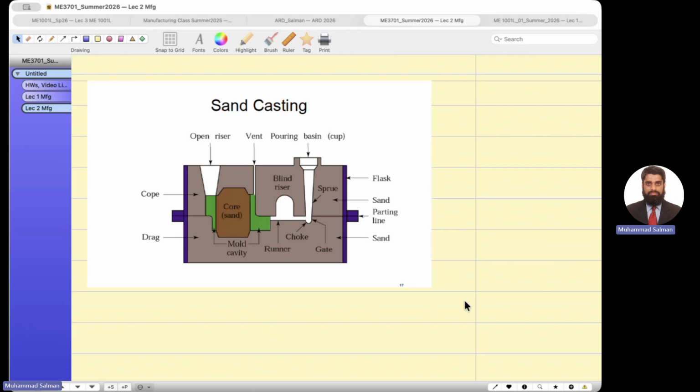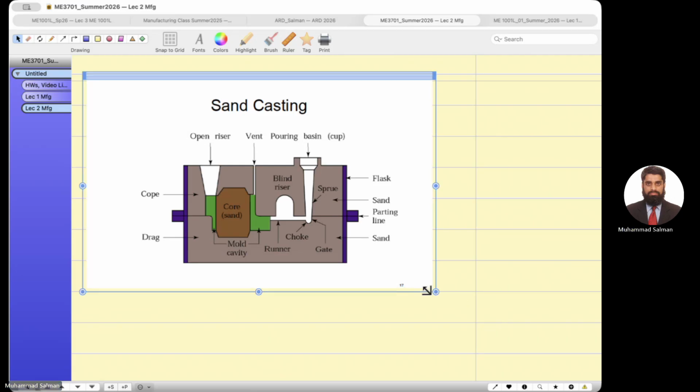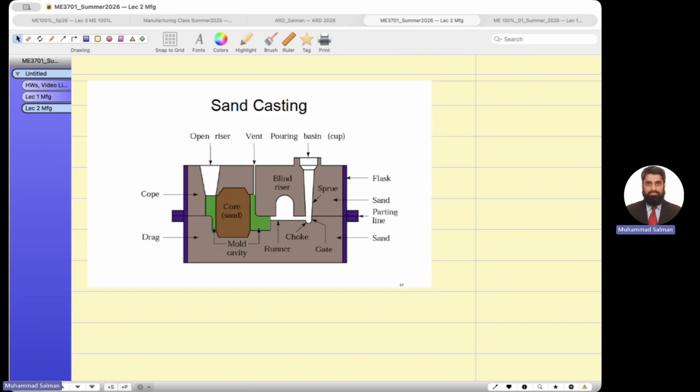Open risers, as I mentioned, are used to cover the shrinkage losses during the solidification process, so that there will be no hollow cavities inside the solid part. These are some vents for the air which goes outside to the atmosphere during the shrinkage solidification process. The sprue is like a triangular shape.